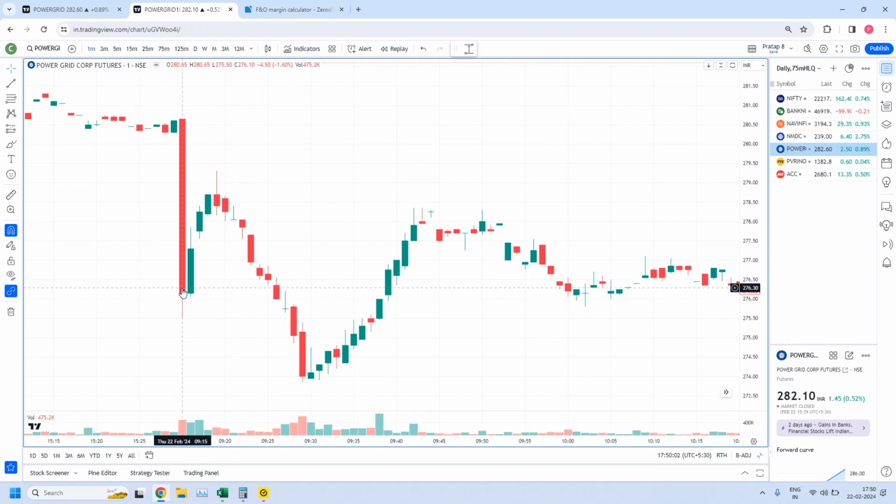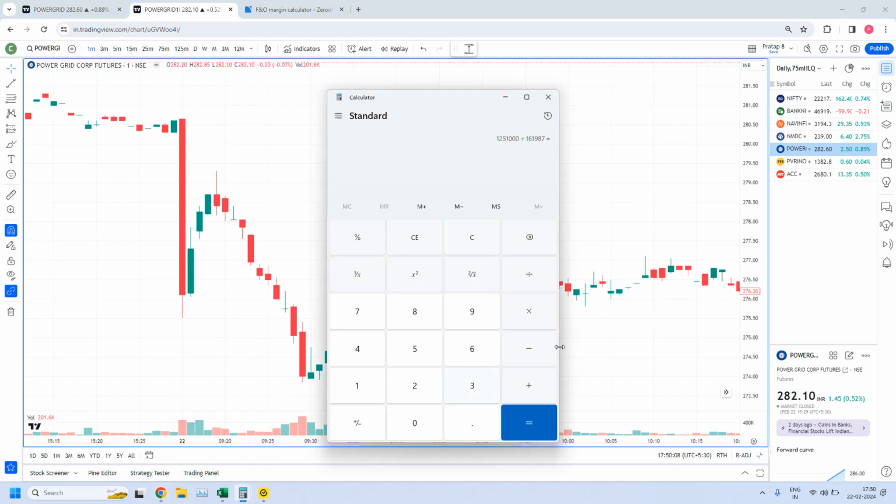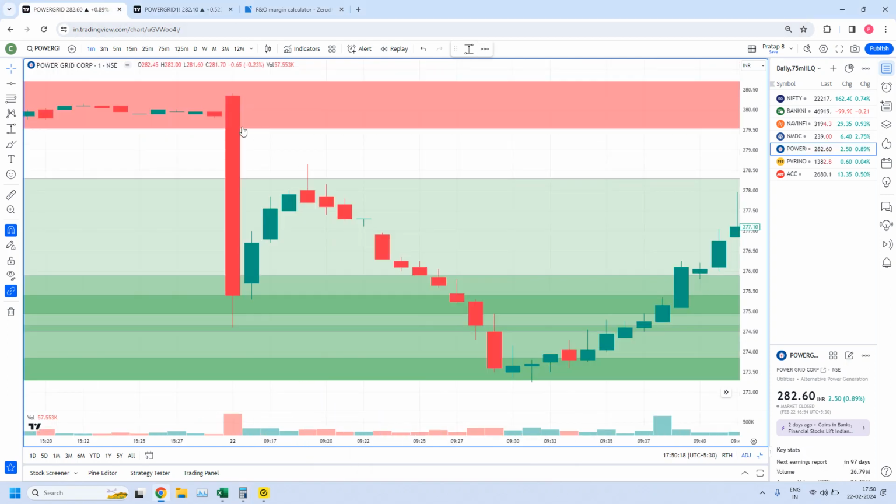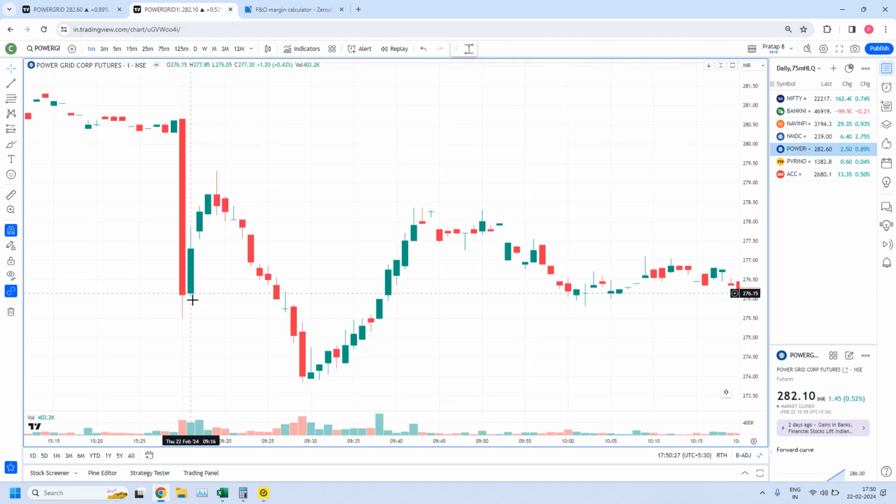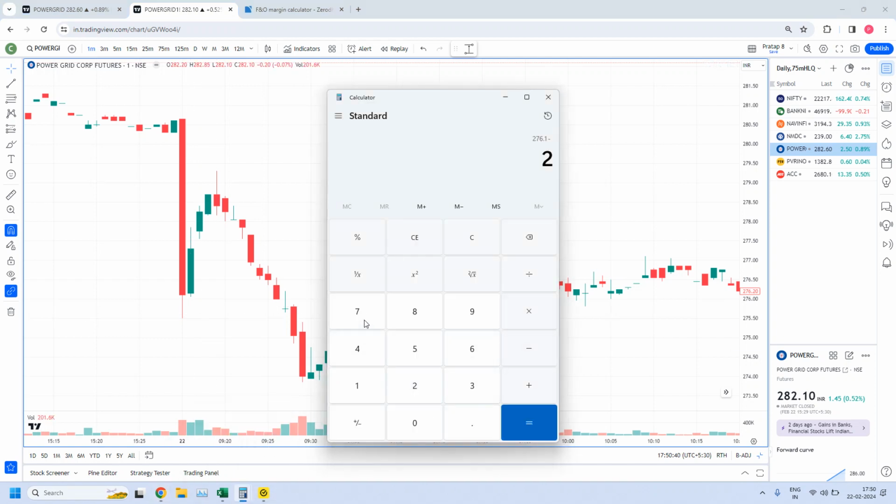What is the close of this candle here? 276.10 paisa. 276.10 paisa minus where we have taken here 274.90, somewhere this much distance, and here also somewhere here the price could have been 275.80 paisa. So 30 paisa difference here.